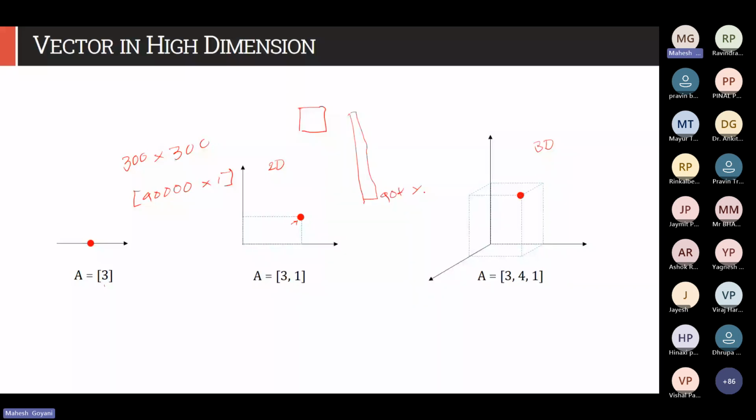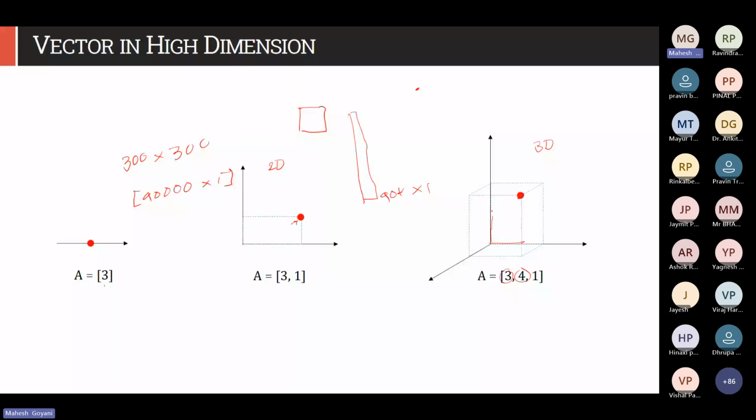When I represent this 90,000 dimensional vector in a coordinate system of 90,000 dimensions, then this image will be represented as a single point. Right? See here, each axis represents one component. The distance from the x-axis represents 3. This one, this is 3. Then y represents 4. So this axis represents the y value. This axis represents the z value.